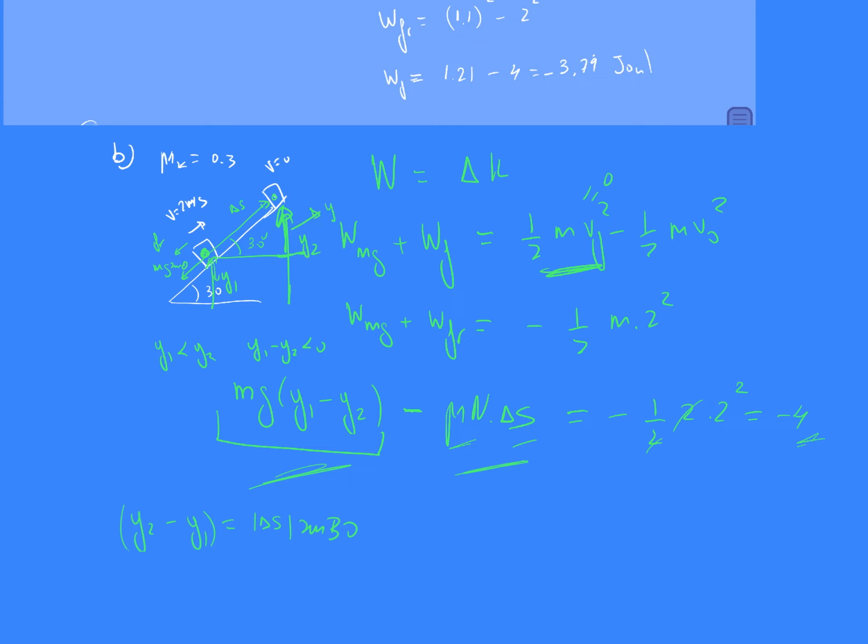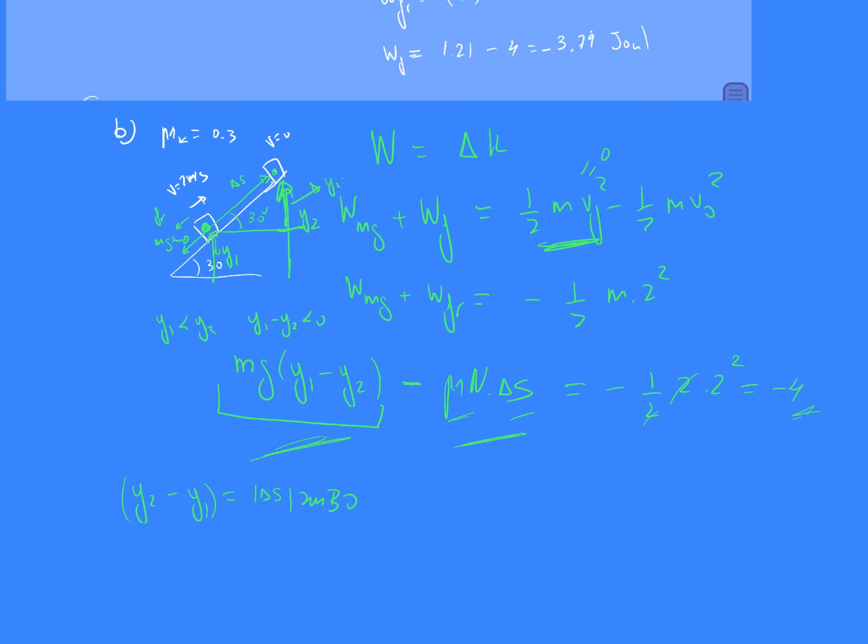This is y2 minus y1. And delta s cosine of 30 will be this one, and delta s sine of 30 will be this one. So instead of writing y2 minus y1 equal delta s sine of 30, I will write y1 minus y2 equal minus delta s sine of 30.